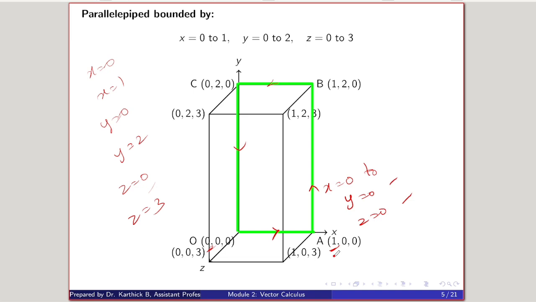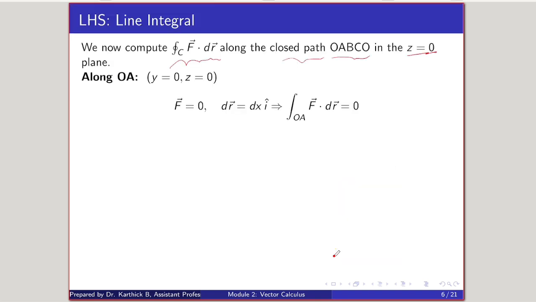If you see the point O, y is 0 and z is also 0. Here also y is 0, z is 0. So these two are fixed values, but x will lie from 0 to 1. So we are taking the fixed values on the line OA: y equal to 0, z equal to 0, and x lies from 0 to 1.